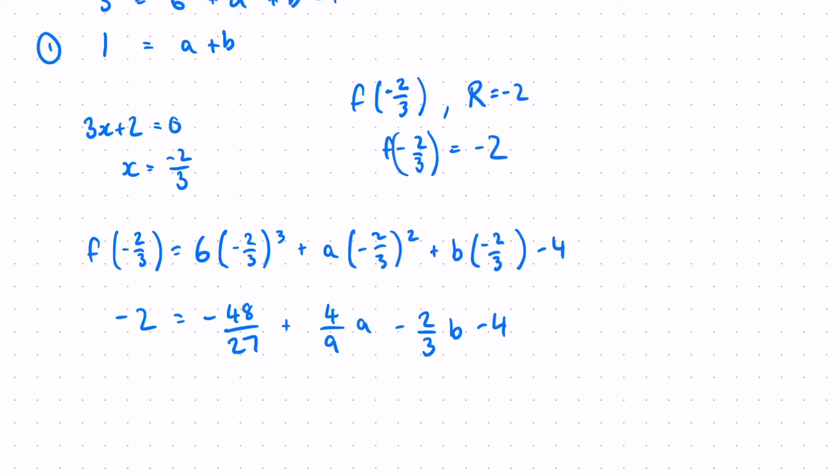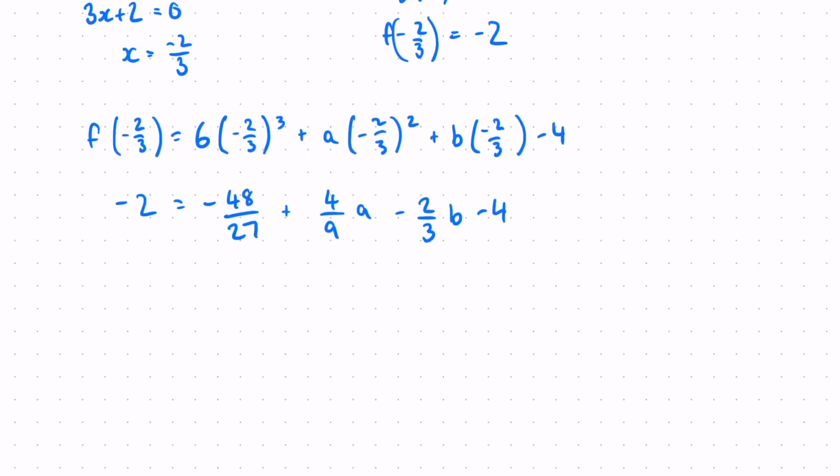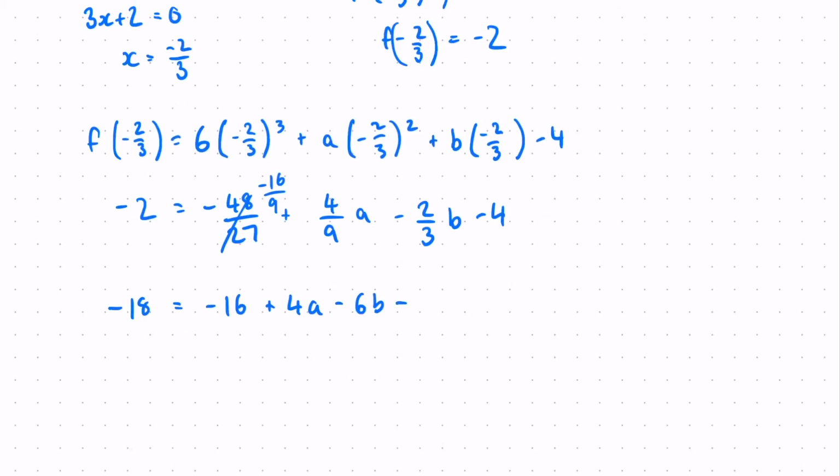We're going to get rid of these fractions because it just makes life a bit easier. So I'm going to multiply through by 9, because minus 48 over 27 can be rewritten as minus 16 over 9. Multiplying through by 9 gives me minus 18 is equal to minus 16 plus 4a minus 6b minus 36.